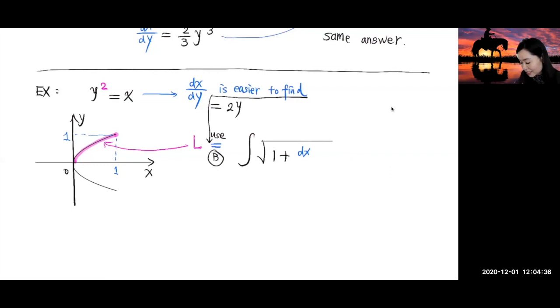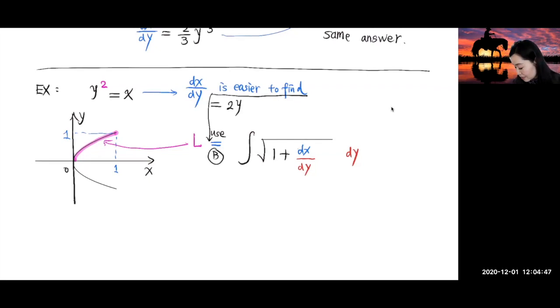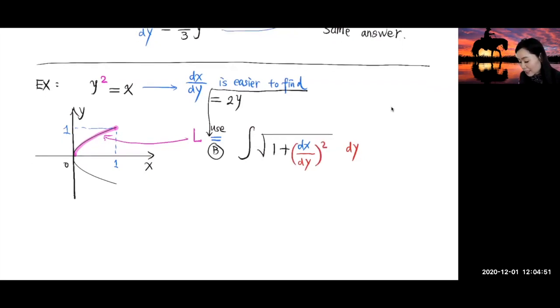It's dy. Notice that the dy here matches with the dy right here. So that's the square of this, and y here goes from 0 to 1. So we use this.